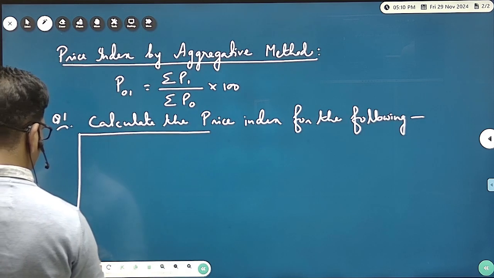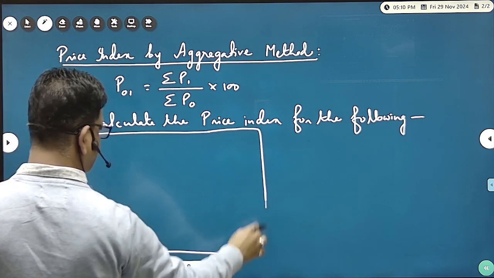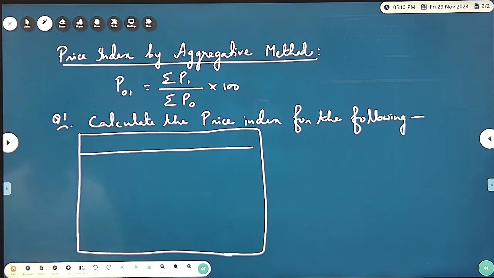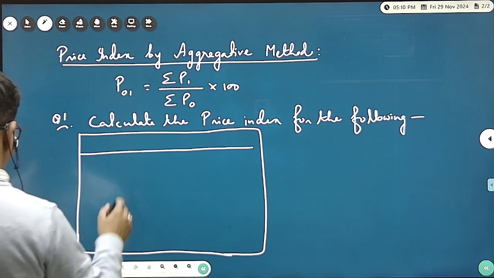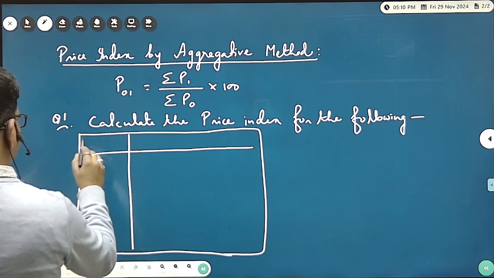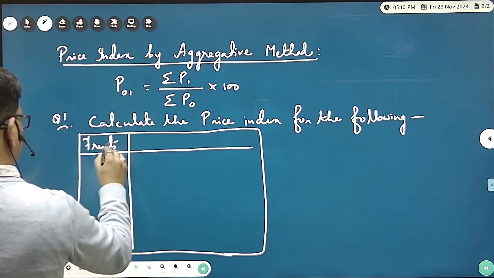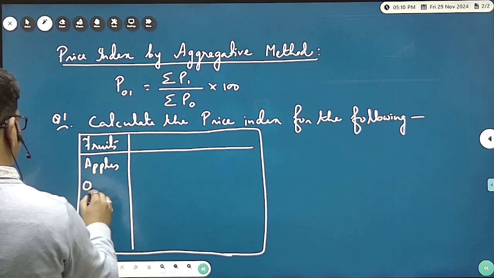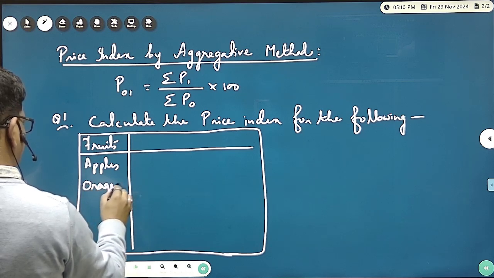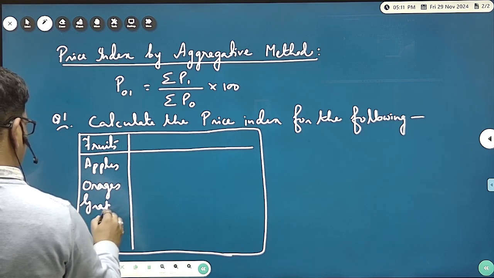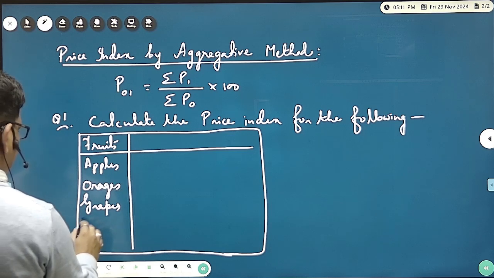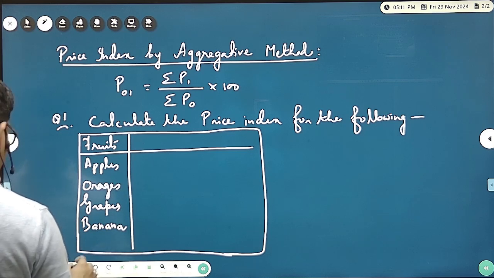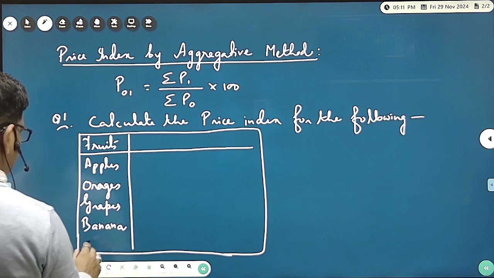So I am going to make a table here showing the different items and their prices, both base price and current price. Okay. So suppose here the items I am taking basically some fruits. So 4-5 different fruits, suppose apples, oranges, grapes, banana, any other fruit like kiwi.